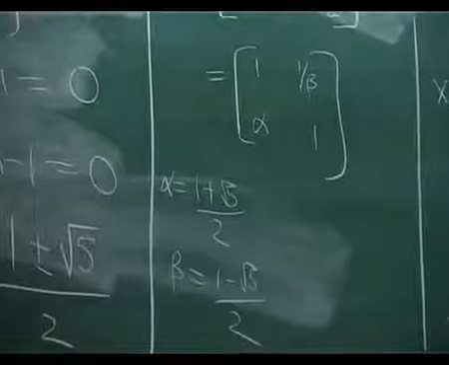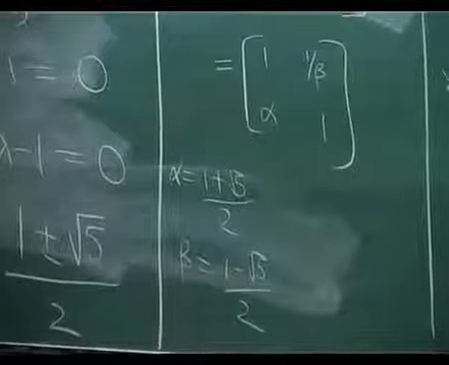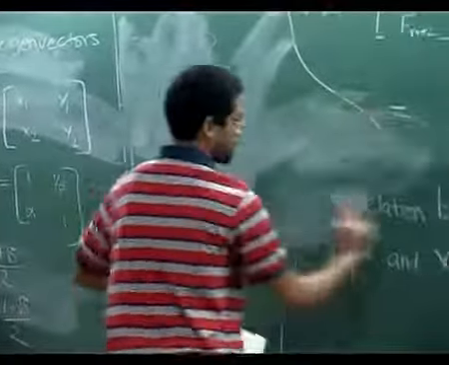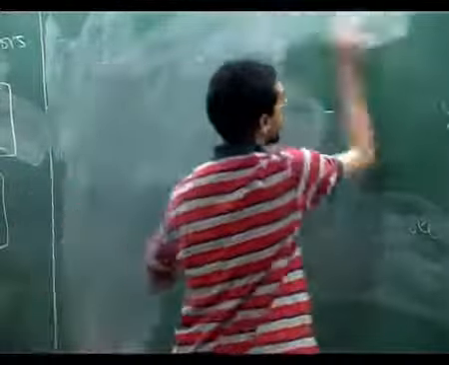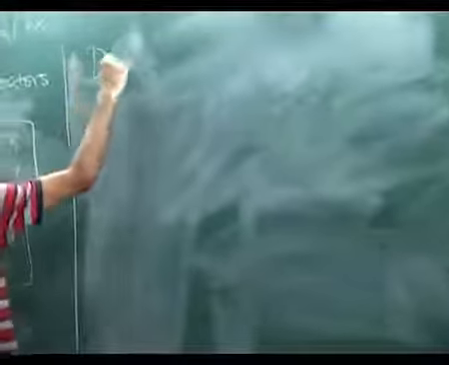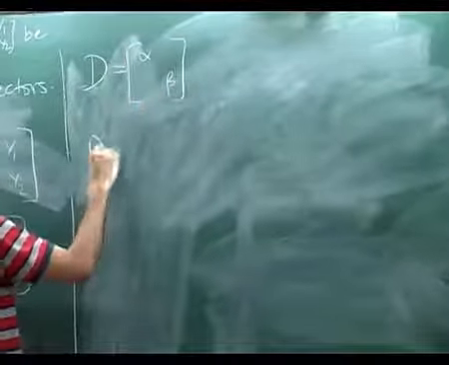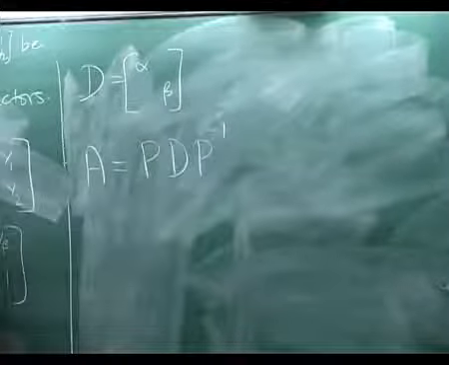If you really want it, you can do this, but you will see in a minute it's actually not required to know what these exact numbers are. So what did diagonalization mean? It said you can write the matrix A as P D P inverse, where D is of course the matrix of eigenvalues. That's the key thing that diagonalization gives us.